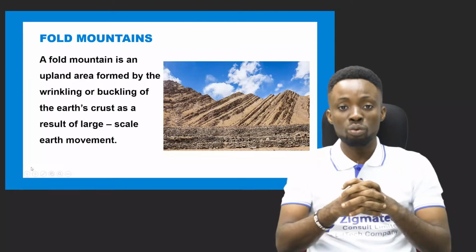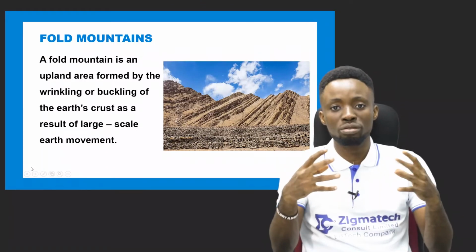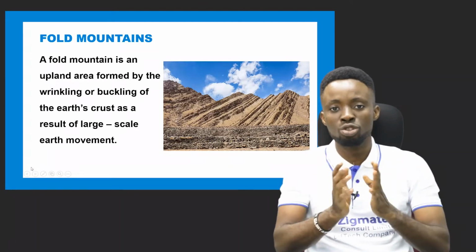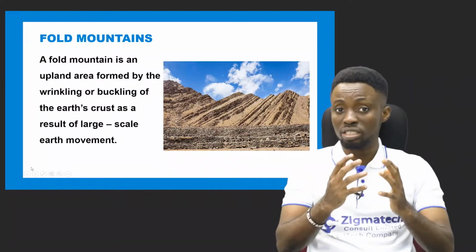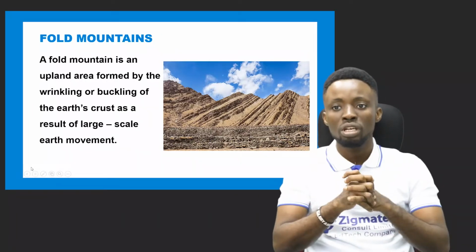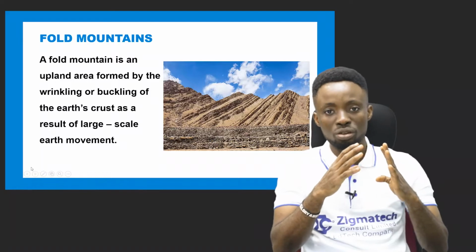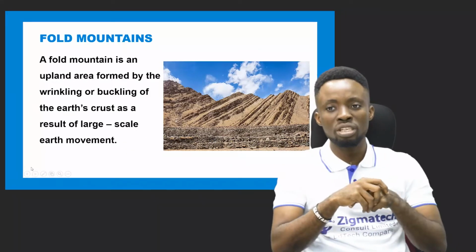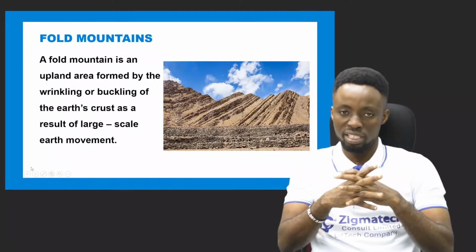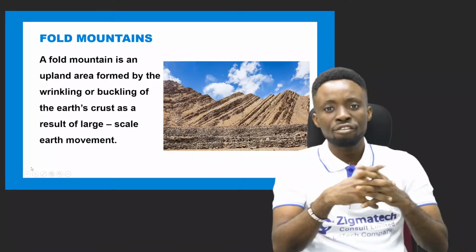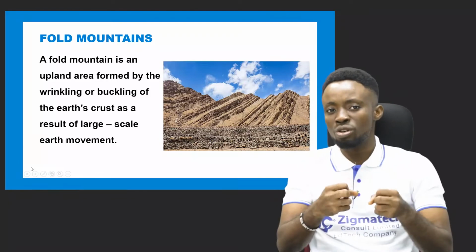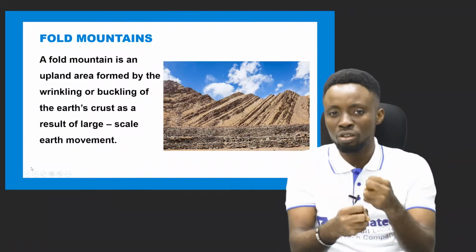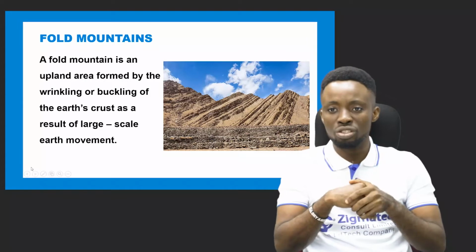As we all know, when we say fold, we're actually talking about something being bent or squeezed, or something that is possibly wrinkled. Now, a fold mountain is not far away from that ideology. A fold mountain is simply an upland or a highland area that is formed as a result of the wrinkling and buckling of the lithosphere or the earth crust.